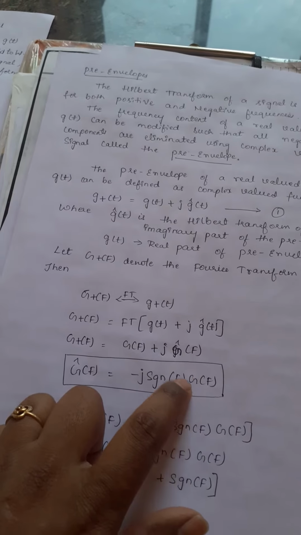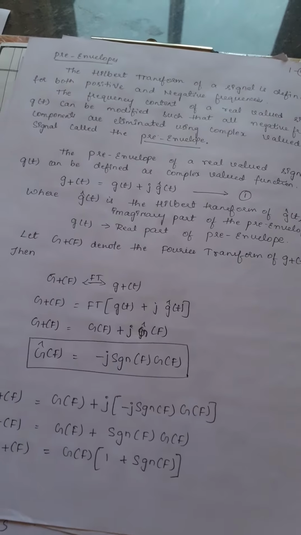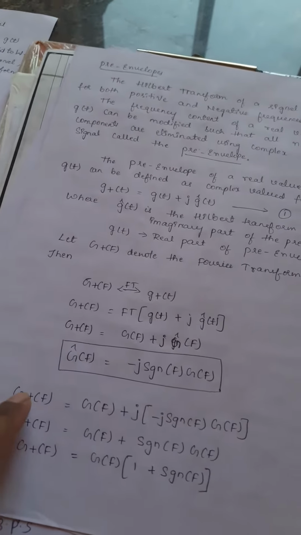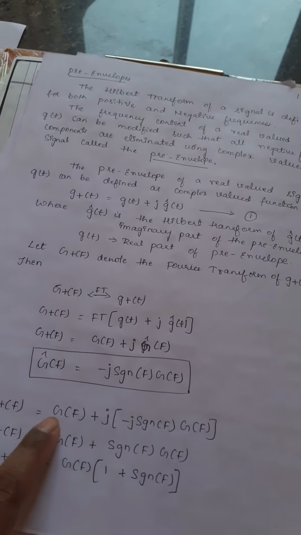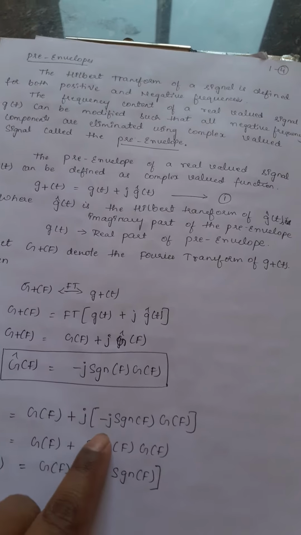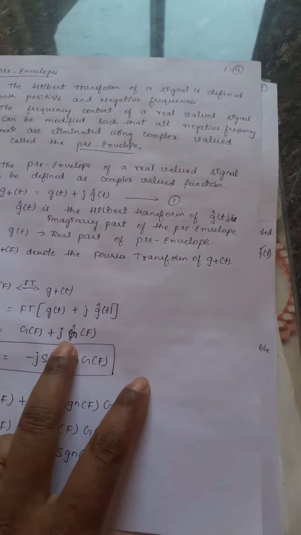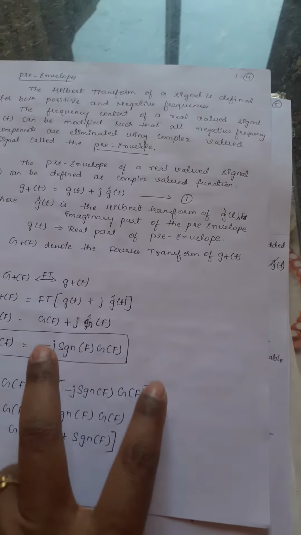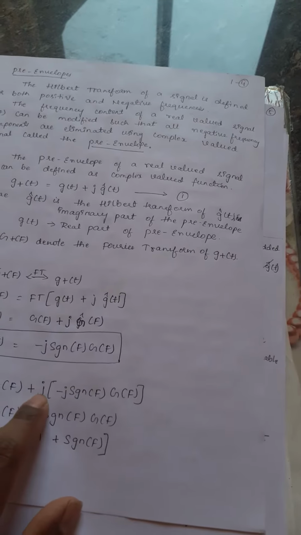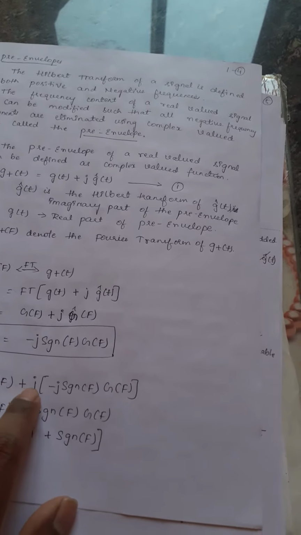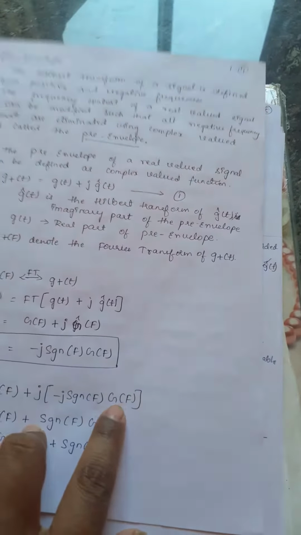If we apply this to the above equation, the pre-envelope in the frequency domain is G plus of f equals G of f plus j into minus j sgn of f into G of f.